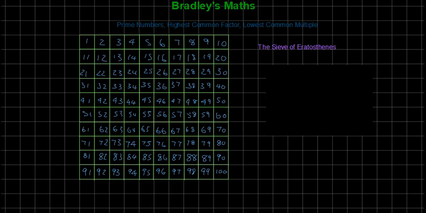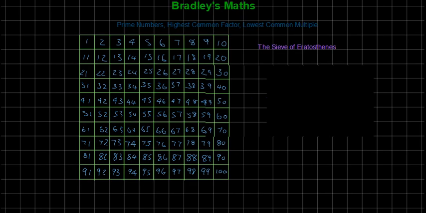He was an ancient Greek, and the algorithm for finding prime numbers has been attributed to him for whatever reason. Maybe he really did find it. So we're going to follow the algorithm exactly, and we are going to find some prime numbers. Let's have a look what we can find.